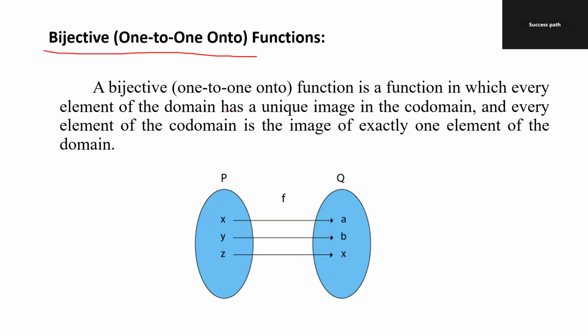The bijective function is a function in which every element of the domain has a unique image in the codomain, and every element of the codomain is the image of exactly one element of the domain. So this is called bijective, like the same diagram which we have given.